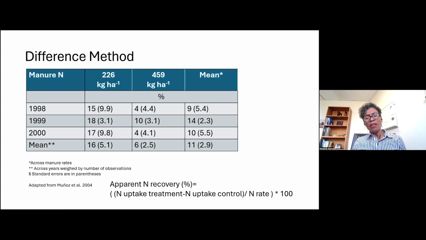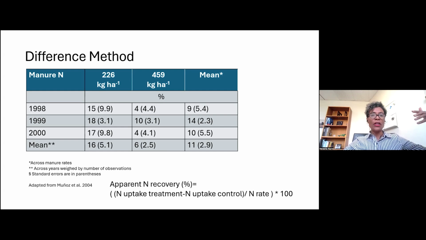I would say one of the weaknesses of this method is that it assumes, regardless of treatment, whether you have a high rate or a low rate of manure applied, that the same amount of nitrogen is delivered by the soil itself. So it doesn't matter the manure treatment, the soil delivers the same amount of nitrogen to all your treatments. Is that true?